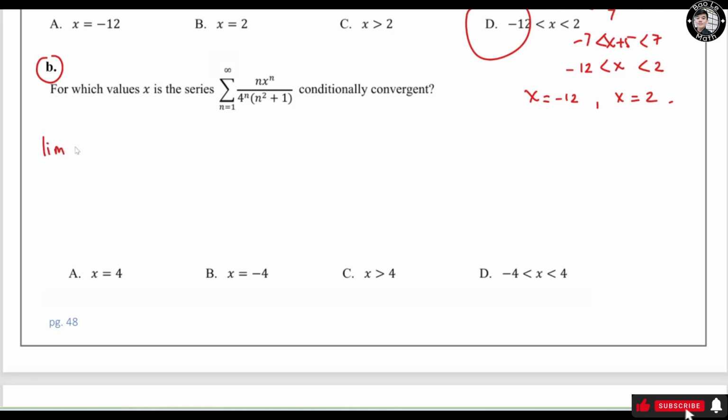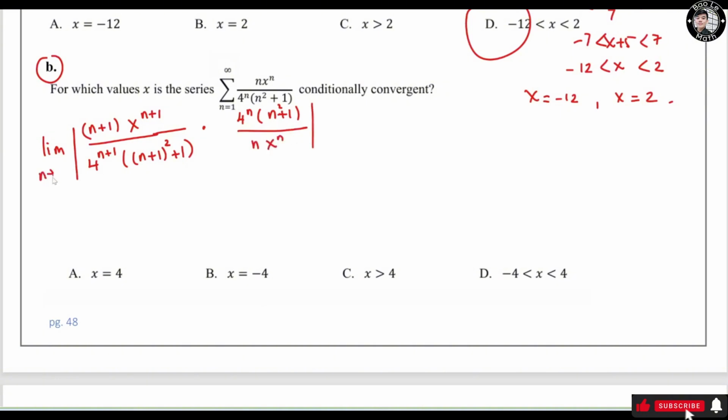So we have the limit of a sub n plus 1, which is (n+1) times s to the n plus 1 over 4 to the n plus 1 times ((n+1) squared plus 1), times this reciprocal, so 4 to the n times (n squared plus 1) over n times s to the n, when n approaches infinity.